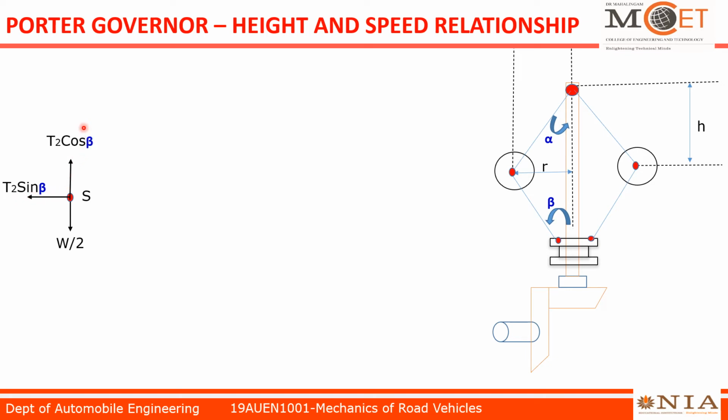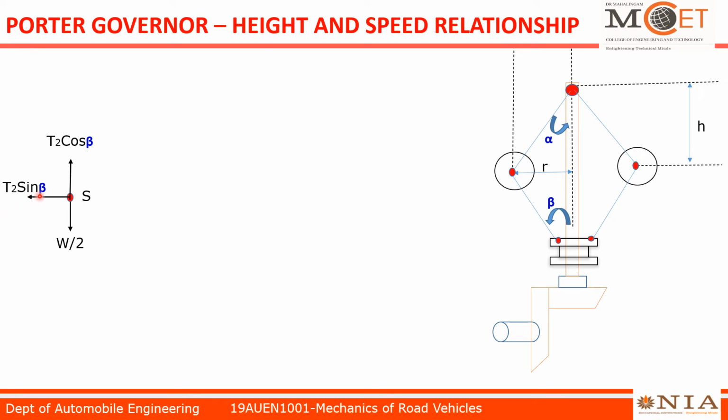We just consider only the left side fly ball here. If you have another fly ball on the right side, it makes also T2 sin beta in right hand direction like this, so that T2 sin beta will be neglected because there are no right hand direction forces here.